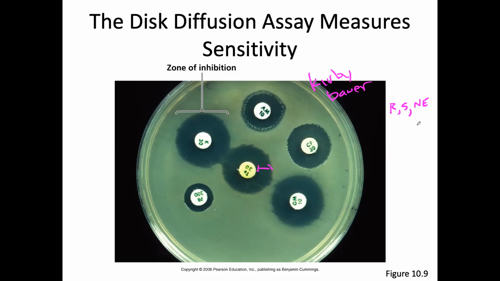Neutral. That will depend on how broad the zone of inhibition is. The resistant are going to have the smallest zone. The sensitive are going to have the biggest zone. That allows you to pick out what kind of drug you should use to treat.